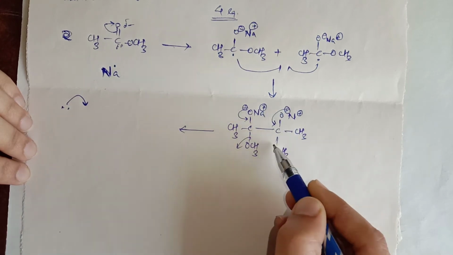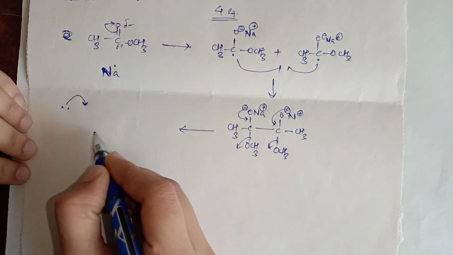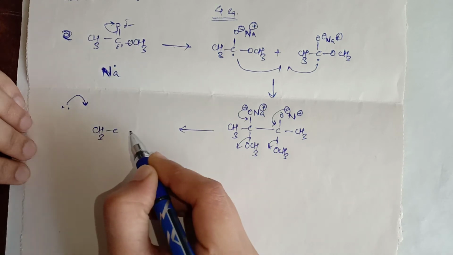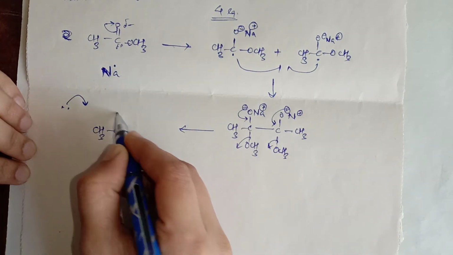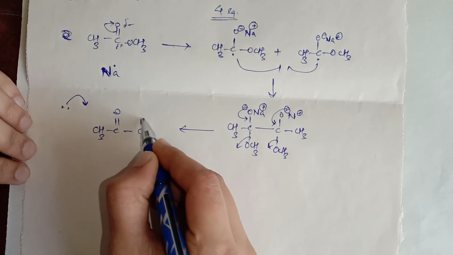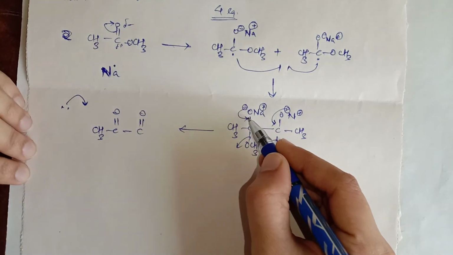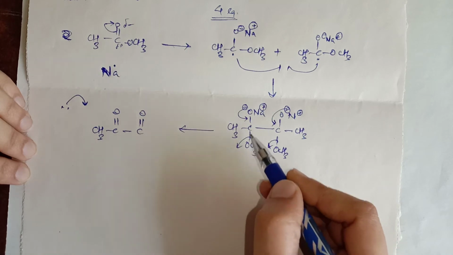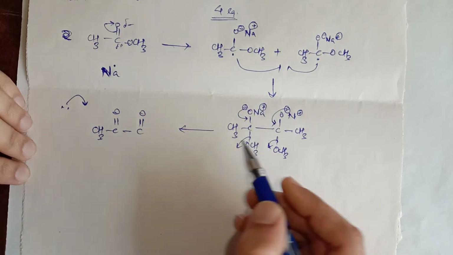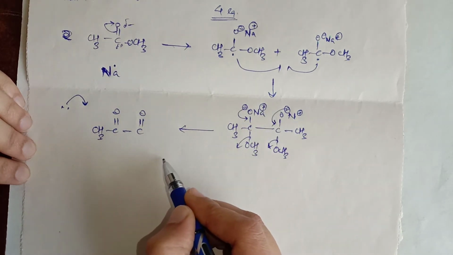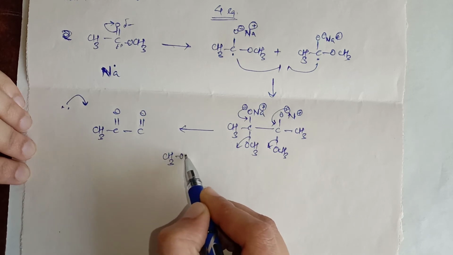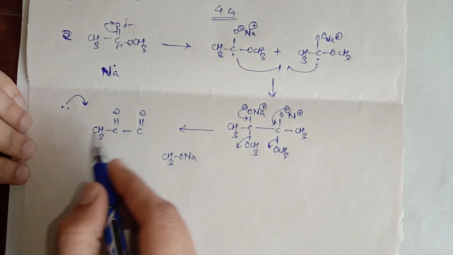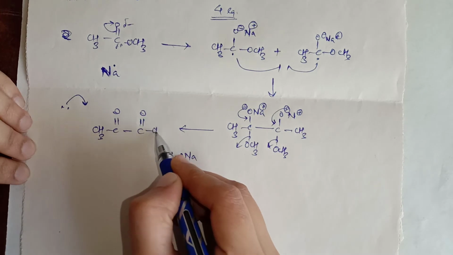These electrons will come back and you will get CH3C. Now the carbonyl group will be there, right? As these electrons regain their space, you will get Na plus and OCH3 will be eliminated. So you will get CH3ONa, right? And this one is CH3.